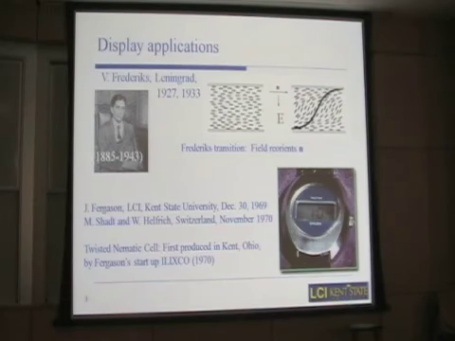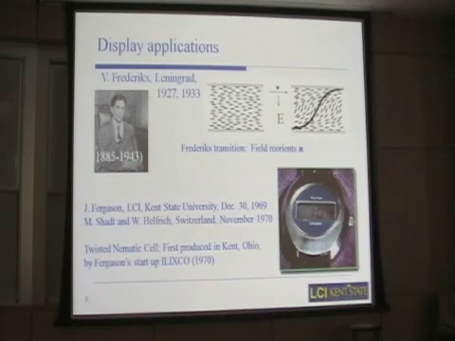And in the late 60s, Jim Ferguson at Kent discovered that in a particular geometry of director orientation, in the so-called twisted nematic cell, you can achieve a very good optical contrast if you place the nematic cell driven by electric field between two polarizers.